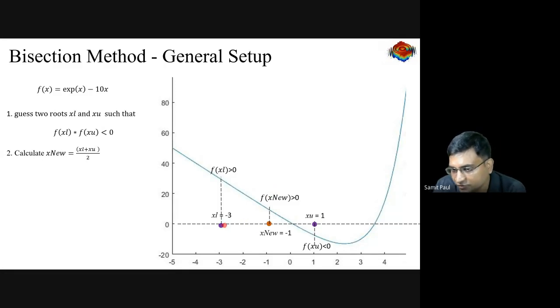Therefore these 2 points, -3 and -1, will not contain a root. On the other hand, f of X new is positive and f of XU is negative. Therefore the product of these two will be negative, and hence these 2 points, X new equal to -1 and XU equal to 1, will contain the actual root.